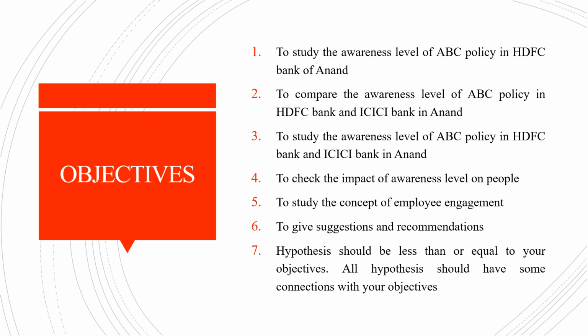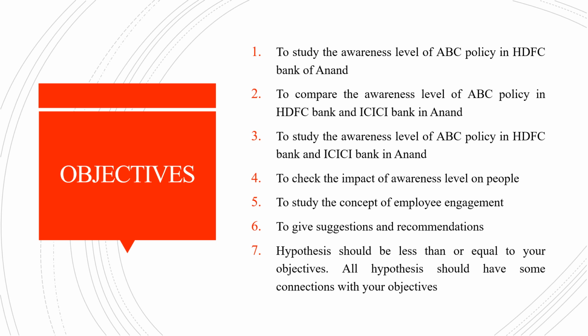The question arises: which things should you include in the objective? The answer is: what things you are going to test. We always test the variables, not the constants. Suppose in the first objective I have highlighted to study the awareness level of ABC policy in HDFC Bank of Anand.